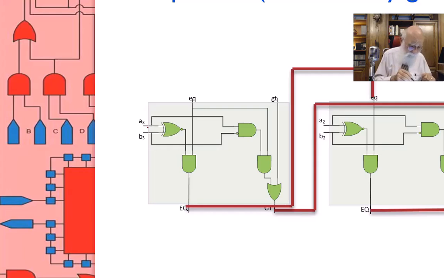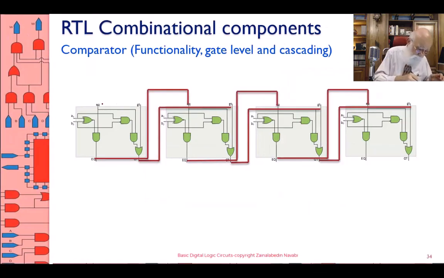A3, B3, and then my initial input equal is 1. GT is 0. That means before even reaching A3 and B3, I've decided that A and B are equal, and I haven't decided that A is greater than B. Therefore, you put a 0 there.